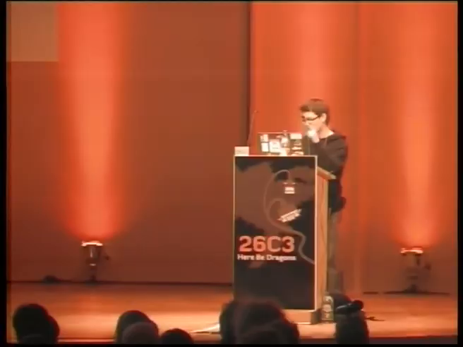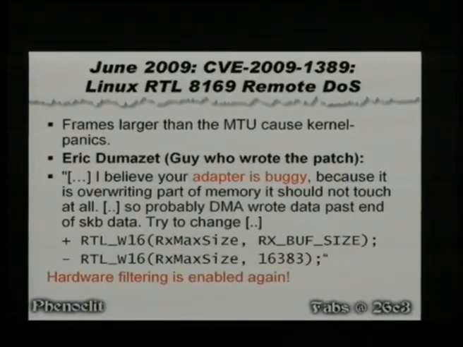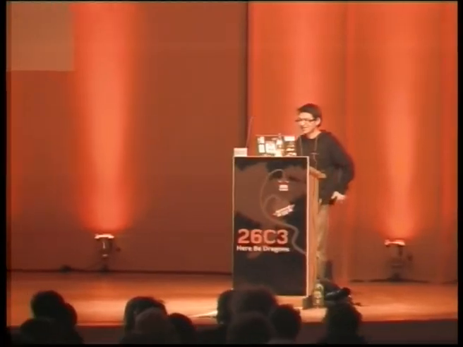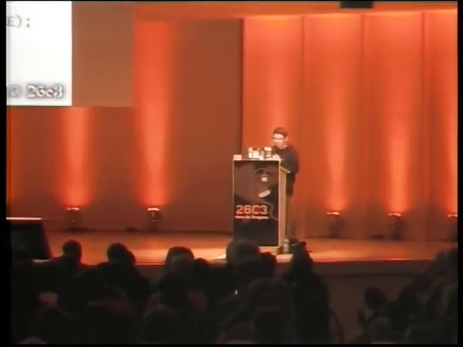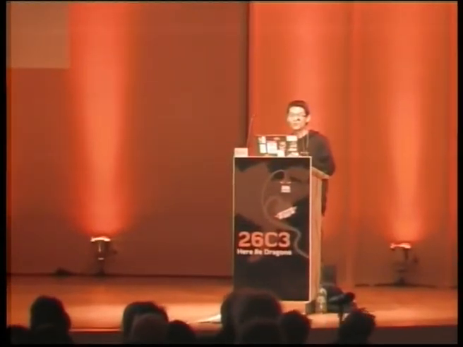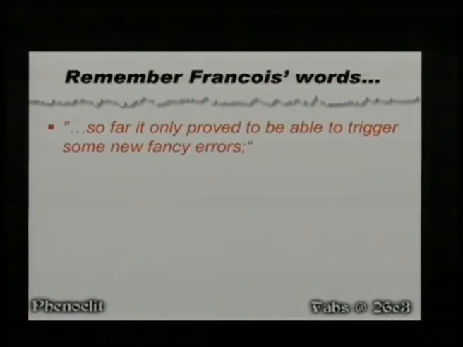That's not good style, I know, but look. Minus, plus, plus, minus. So now hardware filtering is enabled again. And remember François' words, so far it only proved to be able to trigger some new fancy errors.